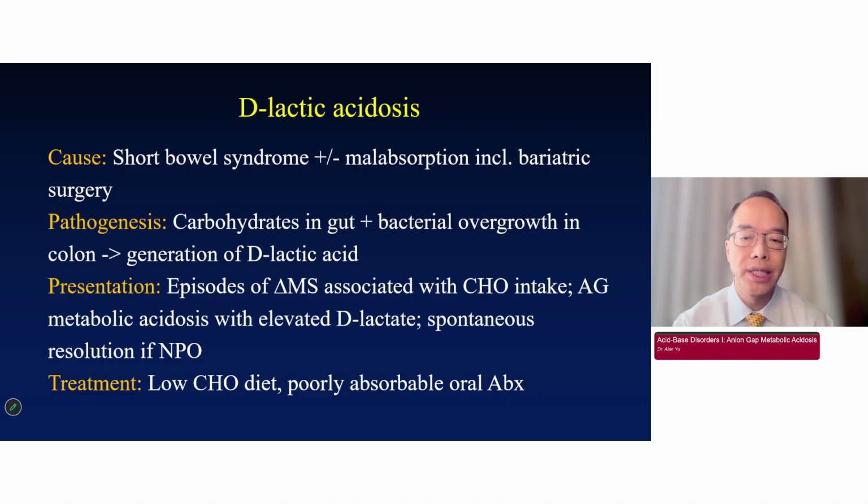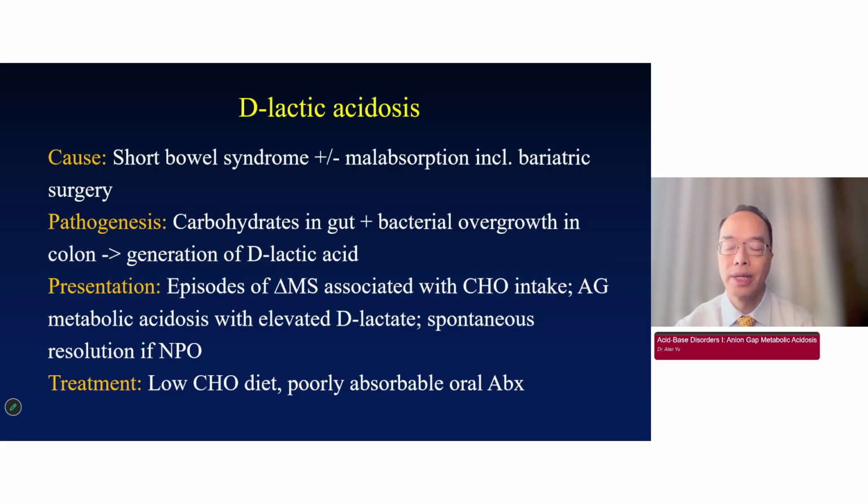The pathogenesis here is that carbohydrates that are normally found in the upper gut become rapidly transited into the colon, where they cause overgrowth of bacteria that generate a form of lactic acid that's not normally in our body. It's generated only by bacteria, and that's the D isomer of lactic acid that is then absorbed into the blood and is neurotoxic. And so this causes episodes of altered mental status.